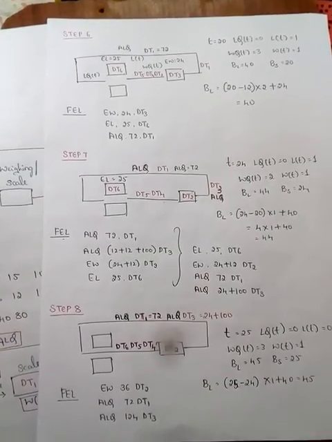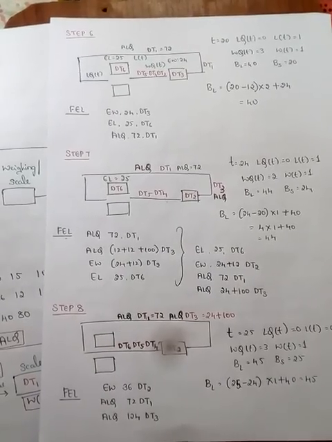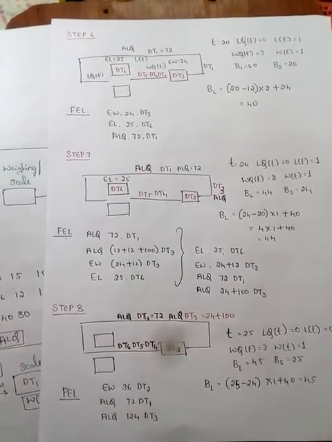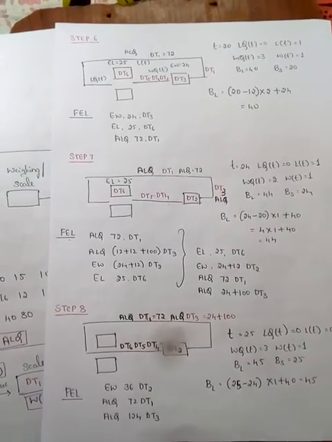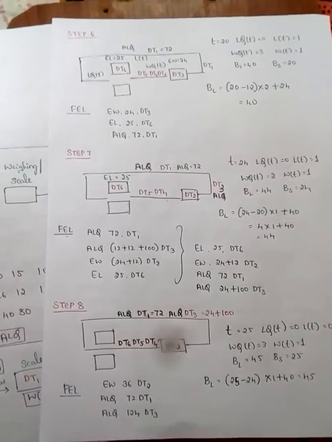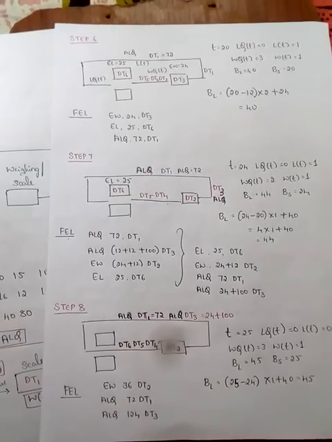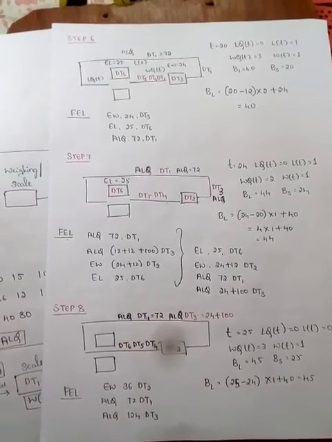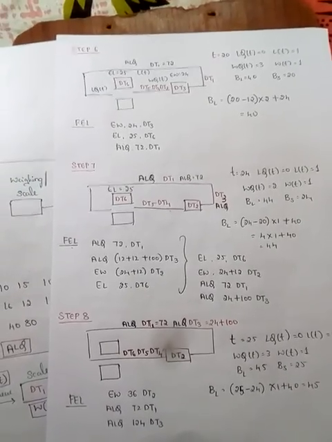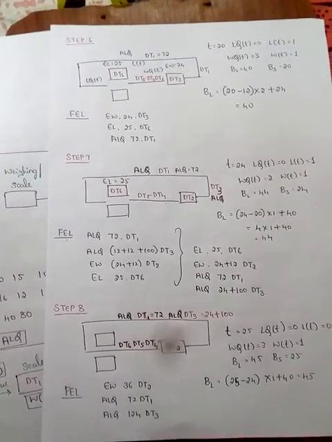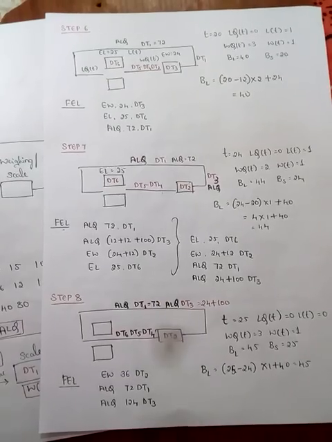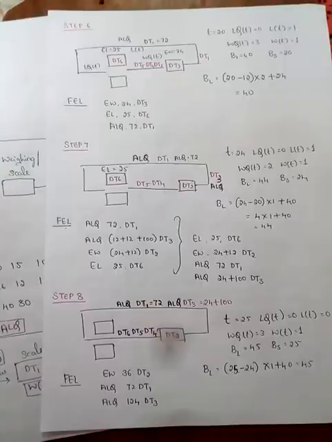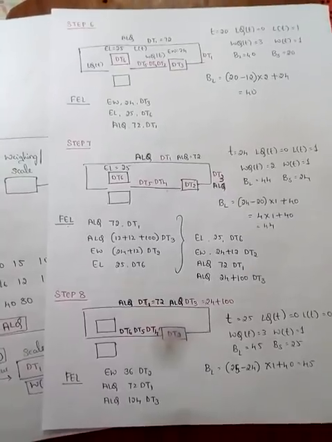Now in place of DT3, the truck DT2 has been moved to your weighing scale. Now DT3 is moved to traveling time. Now the clock time is T equal to 24 and LQ of T equal to 0, L of T equal to 1, WQ of T equal to 2, W of T equal to 1, and calculating, busy line equal to 44, BS equal to 24.